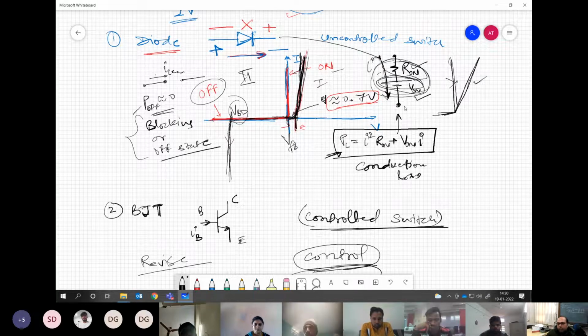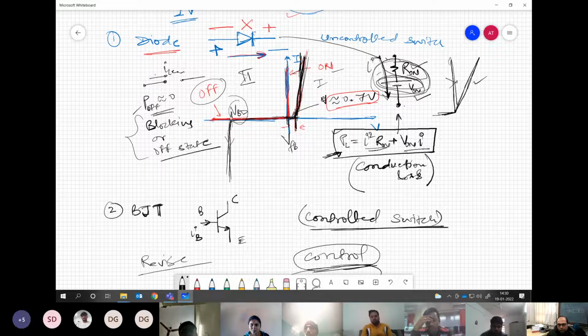Which means, because these values are not very close to zero, definitely we have some finite amount of power loss, which is coming as I squared R on and V into I, where I is the current flowing through this diode. So this is the conduction loss we see in a diode when we apply it to any circuit and it is forward biased.